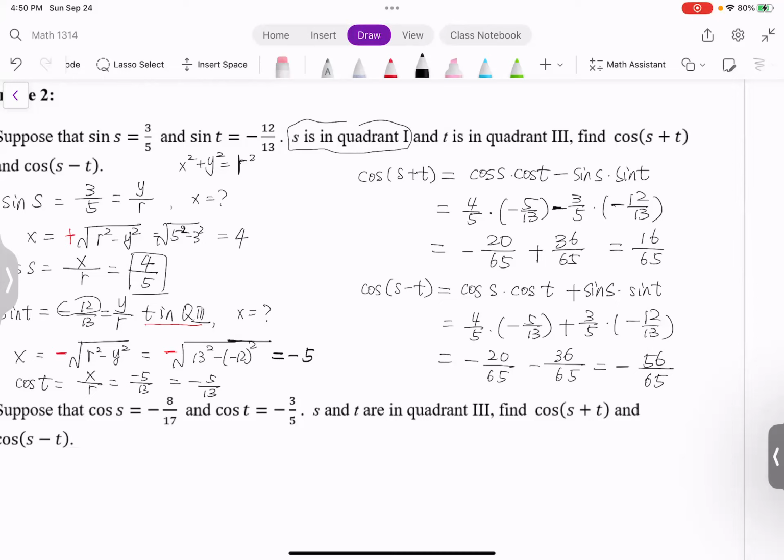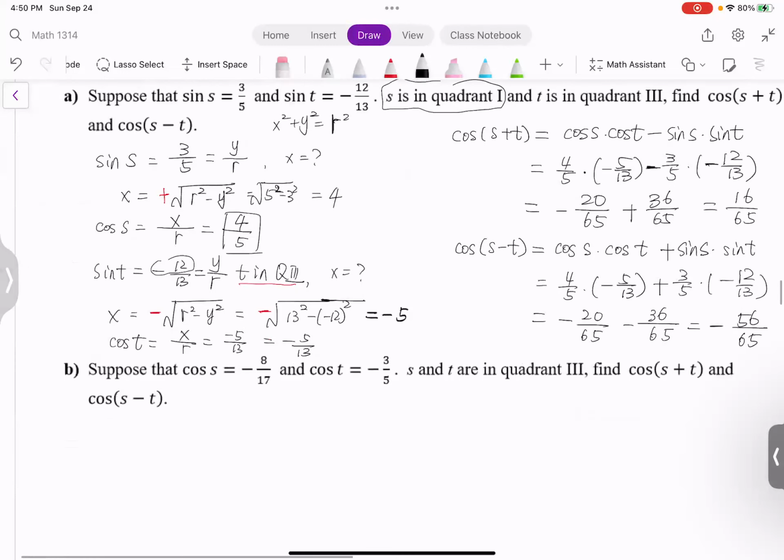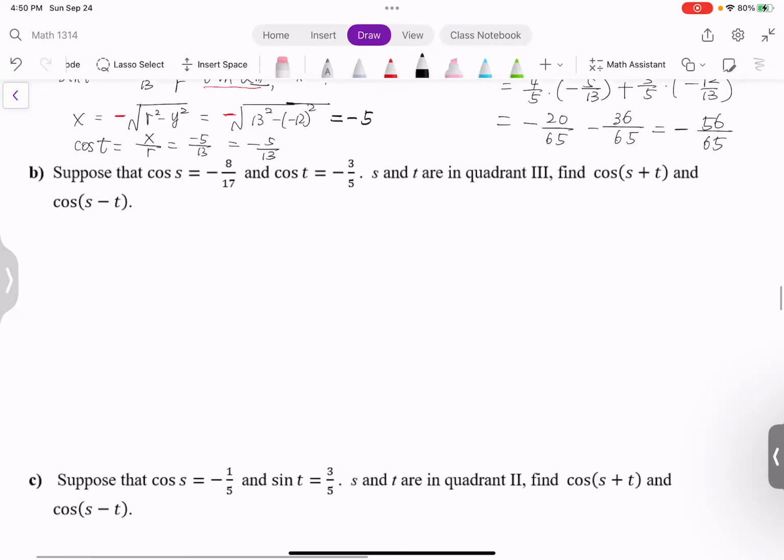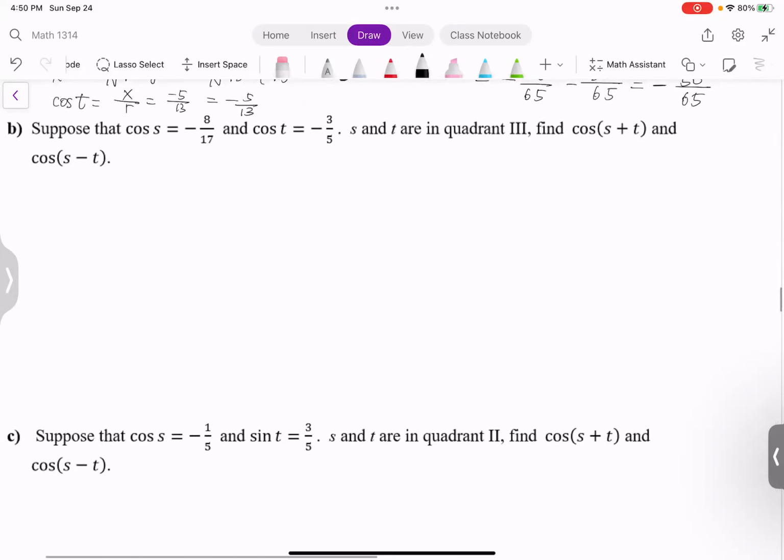All right, let's see the next example. Suppose that cosine s equals negative 8 over 17 and cosine t equals negative 3 over 5. Given that s and t are in quadrant 3, find cosine of s plus t and cosine of s minus t.